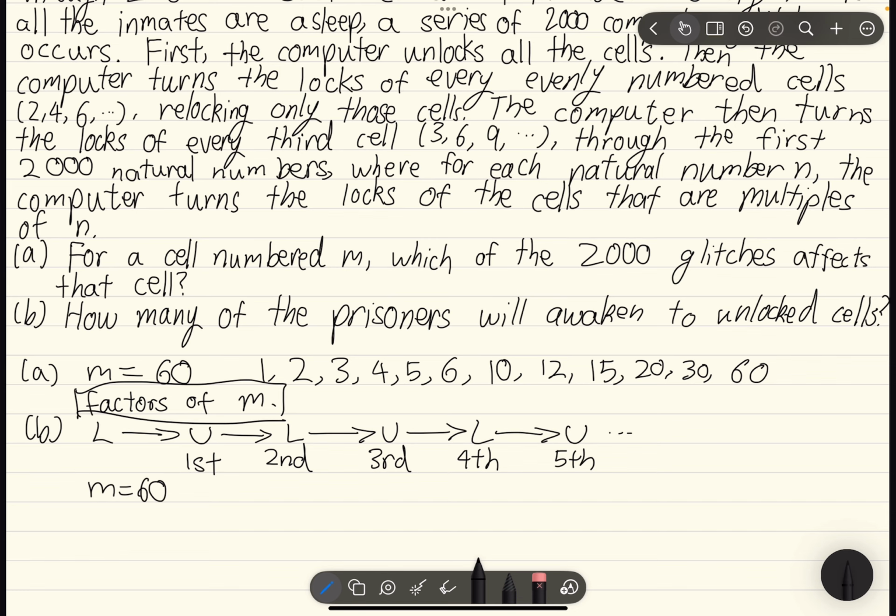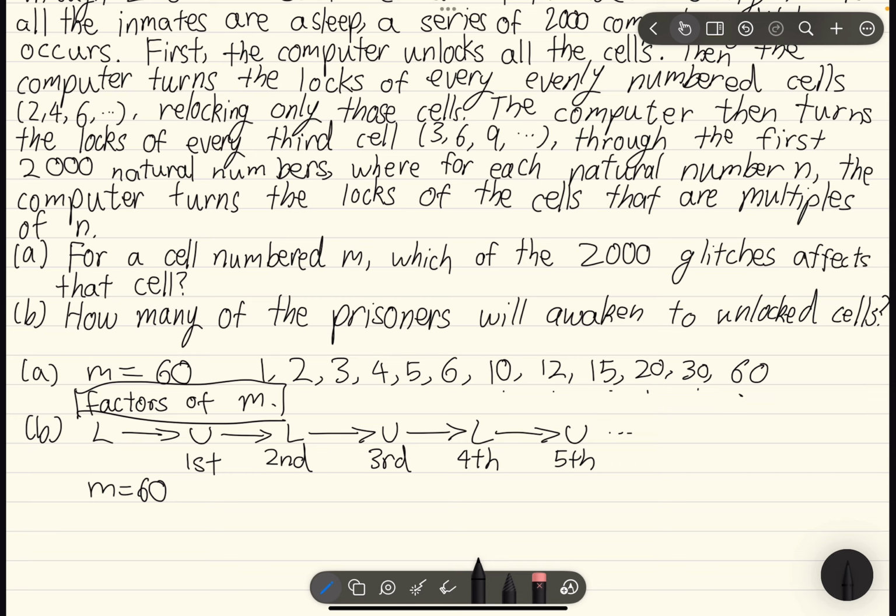It has a total of 1, 2, 3, 4, 5, 6, 7, 8, 9, 10, 11, 12 factors. 12 is even, so at the end of the 12th glitch that affects the 60th cell, M equals 60 will be locked. Similarly, if M has an odd number of factors, which means it experiences an odd number of glitches, it would be unlocked.